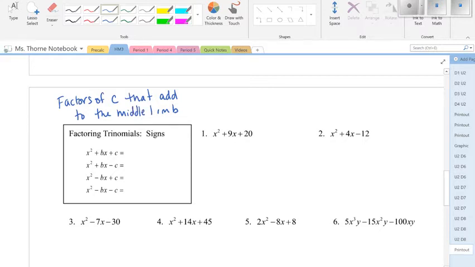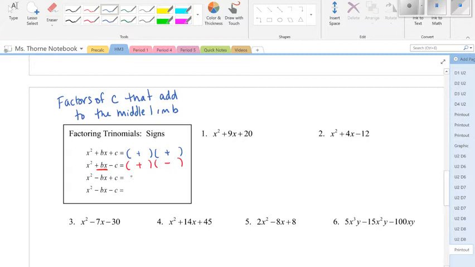So we want factors of c that add up to b. So if we have both positive signs, then I know that when I'm factoring, both my signs would be positive. If I have a positive and a negative, then I know my signs have to be opposite. And because my middle term is positive, that means the larger number would be positive.